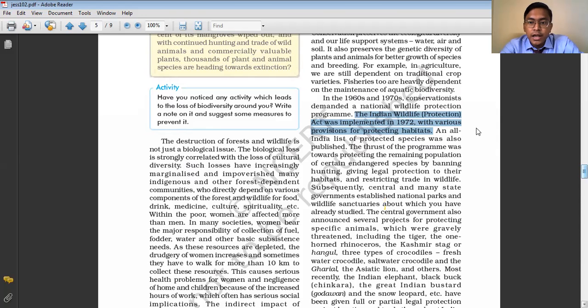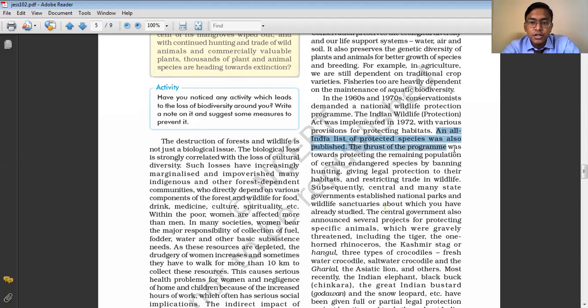An all India list of protected species was also published. The names of the plants and animals whose numbers have reduced drastically and who need conservation and protection were included in this list, to ensure that they are protected.